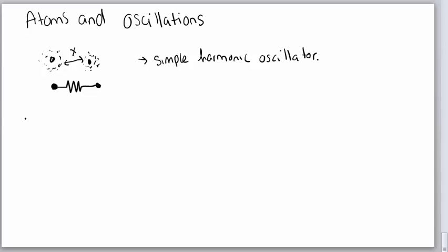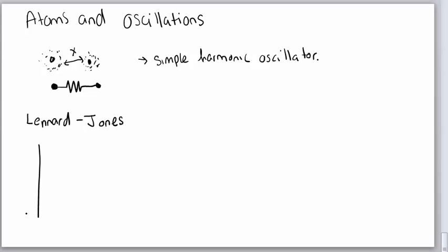It turns out that this is a useful way to look at this interaction as well. So Lennard-Jones potential, and we use it here to model the potential energy, PE, of these two atoms that are interacting.